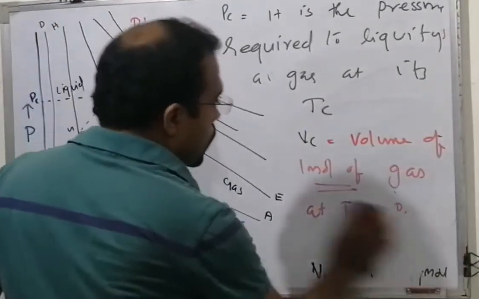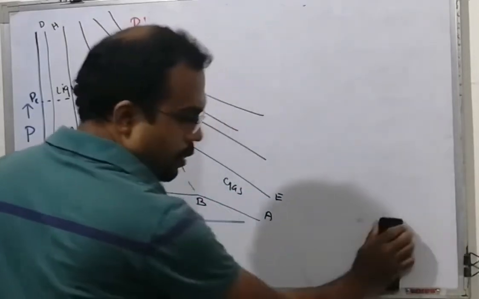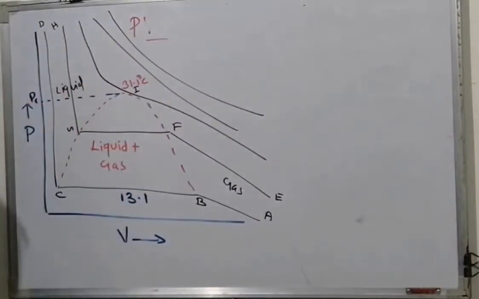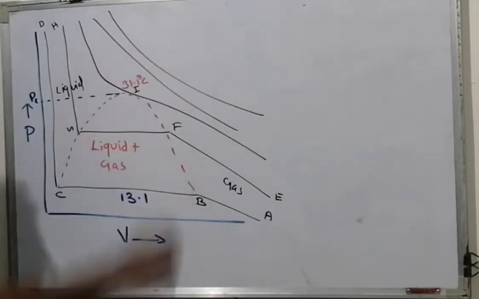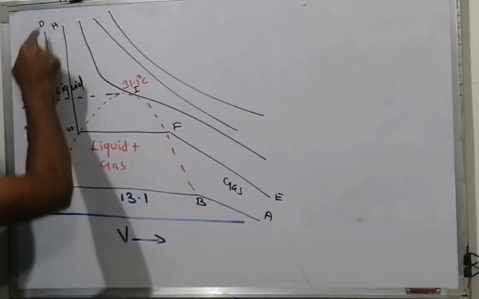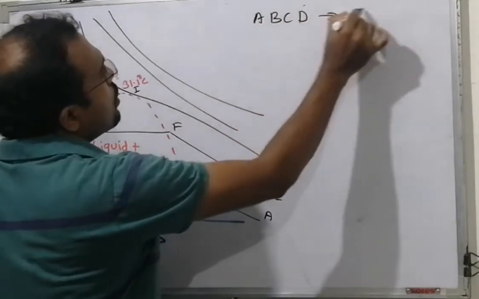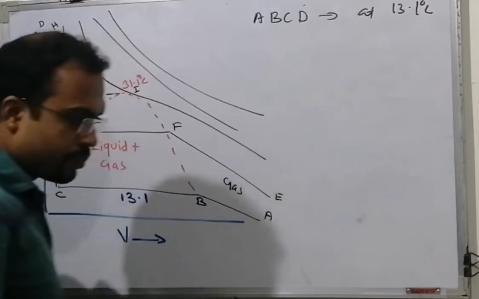Now we can explain this graph. This is a PV isotherm of carbon dioxide. A, B, C, D is the isotherm at 13.1 degrees centigrade.